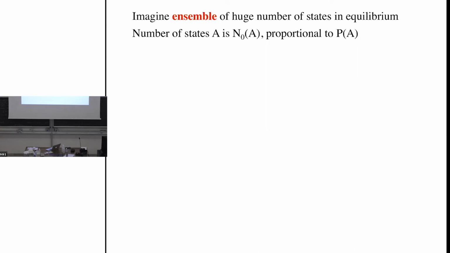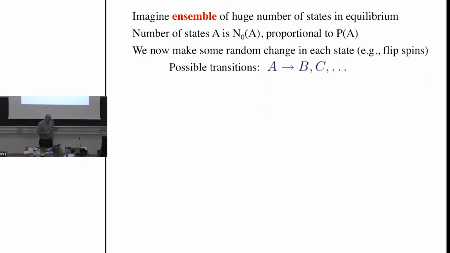And now I'm going to think about this as a time, or sort of a time step, or some step in a stochastic process. So now I'm going to take all of these configurations that I have in front of me, and I'm going to, according to some rule, make some small changes in all of them. For example, flip a spin in each of them at some randomly chosen spin, but flipping according to some certain rules that I haven't specified yet.